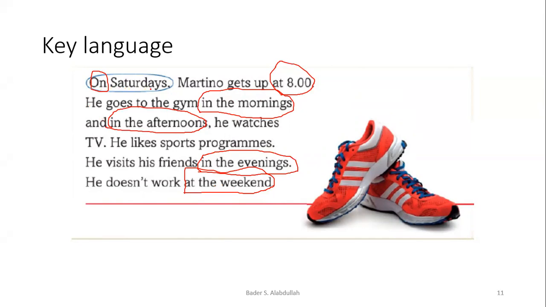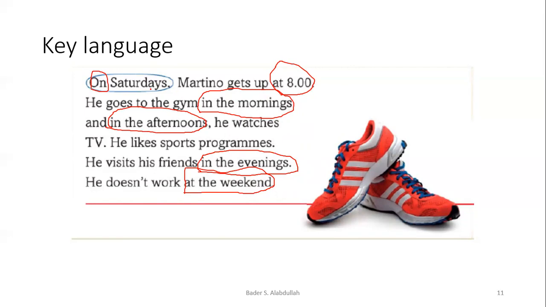Okay, sometimes we don't need in or at or on. When does that happen? When there is a time expression like next or last. Like when we say next Monday, we don't say in next Monday or at next Monday or on next Monday. No, we just say next Monday.